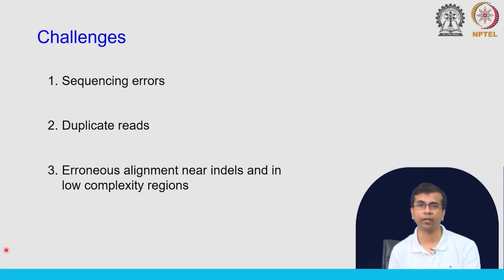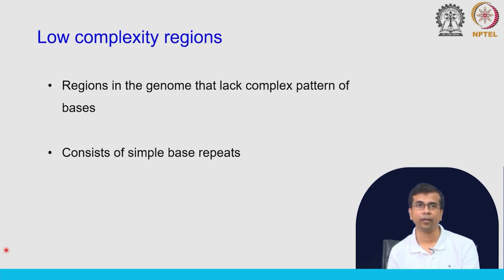These are regions that contain only certain bases, maybe repeated many times, and do not contain a complex combination of these different bases. So the alignment suffers, and as a result you have these false calls, and again this is something we need to be careful about when we are analyzing these variants.